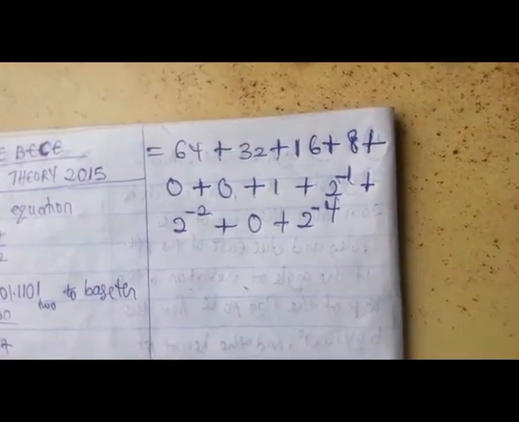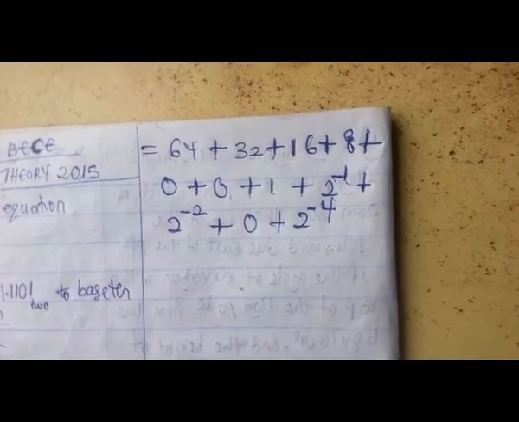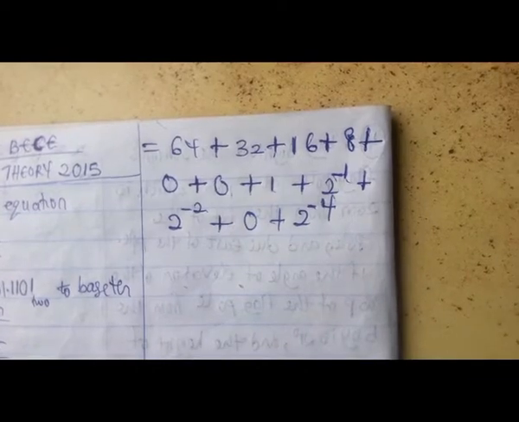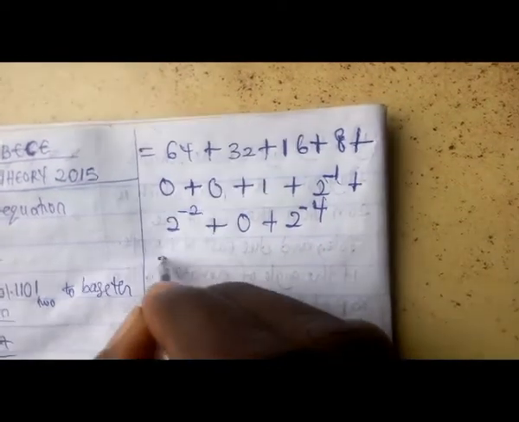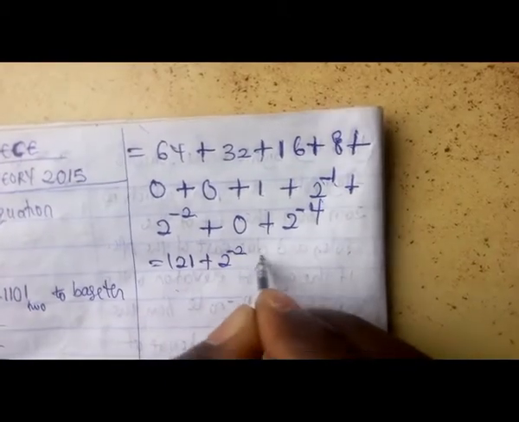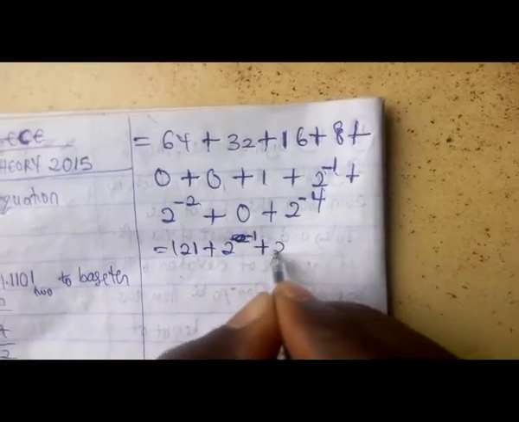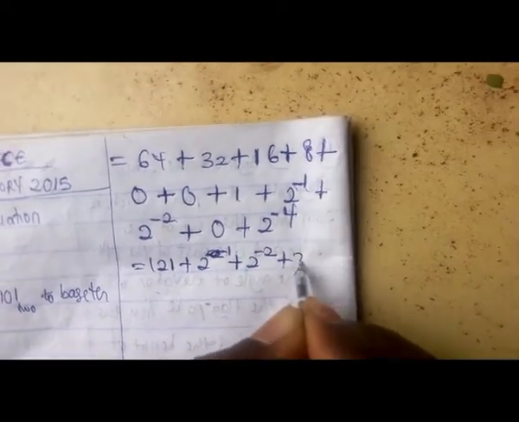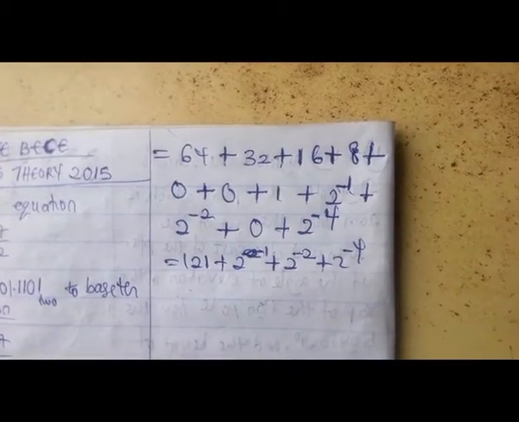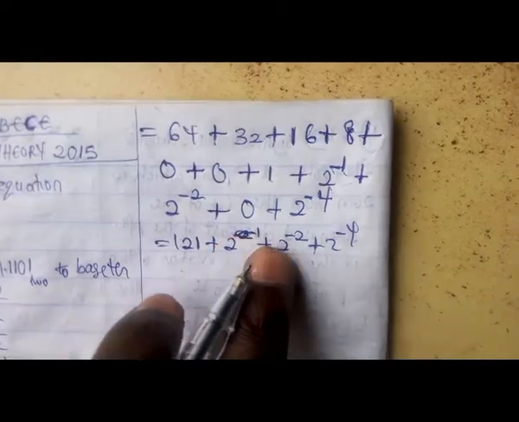So let's add these numbers together: 64 plus 32 plus 16 plus 8 plus 1 will give us 121, plus 2 raised to power -1, plus 2 raised to power -2, plus 2 raised to power -4.